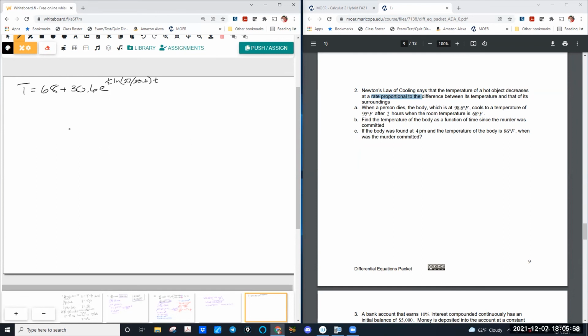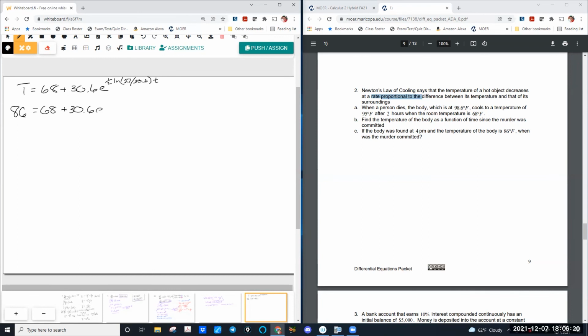So now, if we want to find out how long this person has been dead, well, we know that when the body is found, it's found at 86 degrees. So now we know the temperature, and we're going to solve for little t.